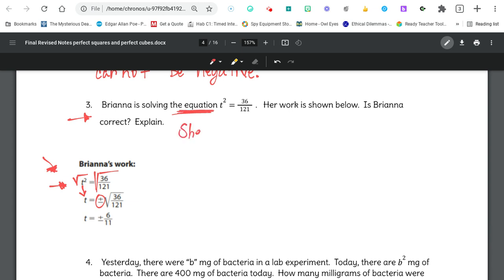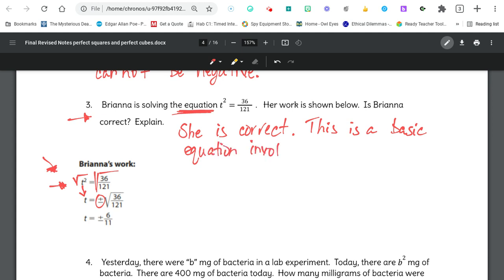So I'm going to put she is correct. This is a basic equation involving a square.